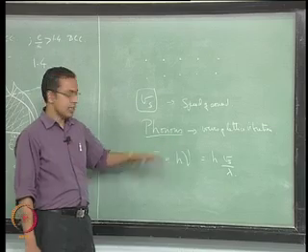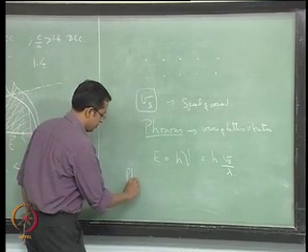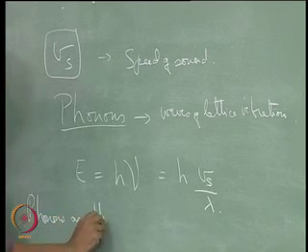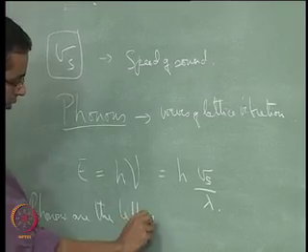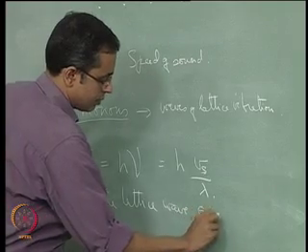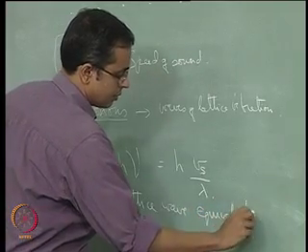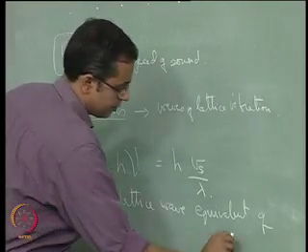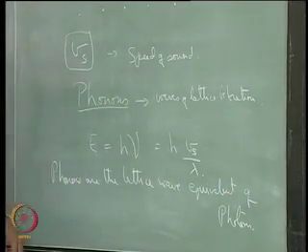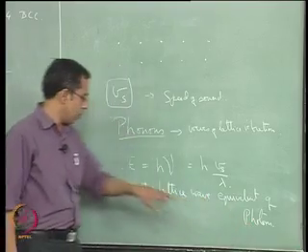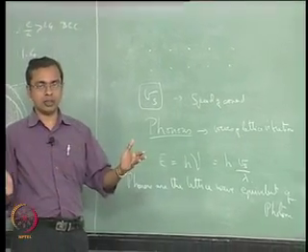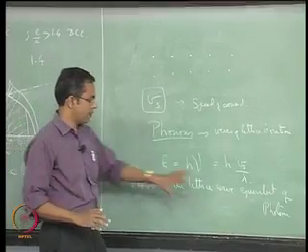So the phonons are the lattice wave equivalent of photons. Just the way we talk of photons for light, we talk of phonons for waves in the crystal lattice. So they are analogous, so to speak, in terms of what they represent.